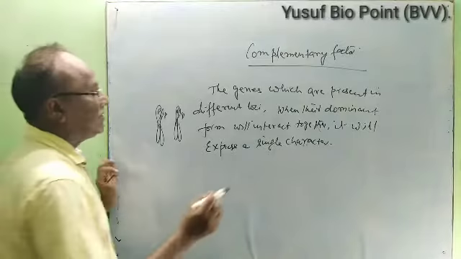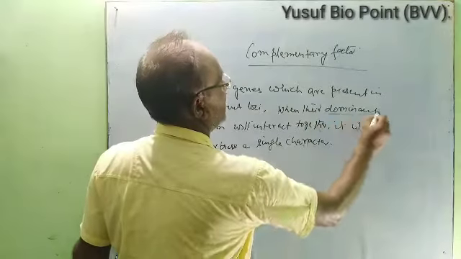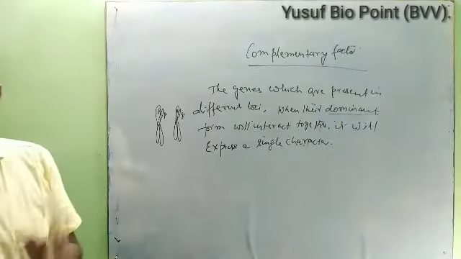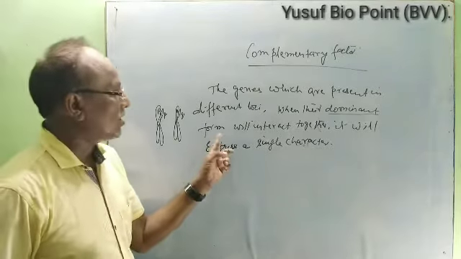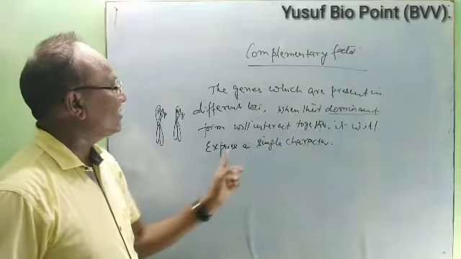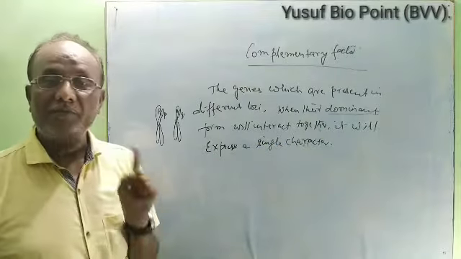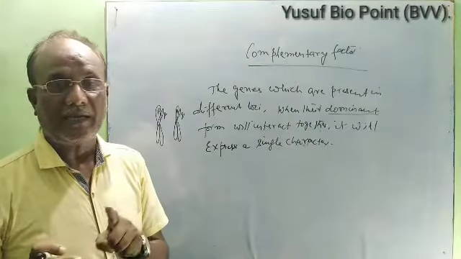One condition is a must: their dominant forms will interact together. When their dominant forms interact together, only then will a single character be expressed, otherwise it will not.